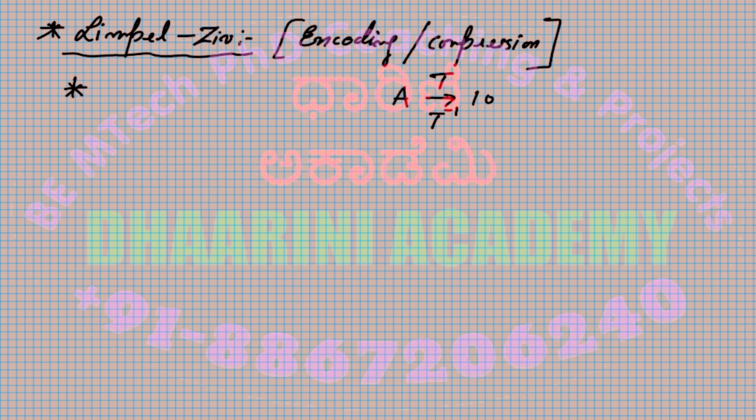You are applying an encoding algorithm to the data. It is valid only when you are able to come back. I give 10, you should be able to come back to A. Only if that is possible do we call it a proper, well-defined transform. That's very much necessary.